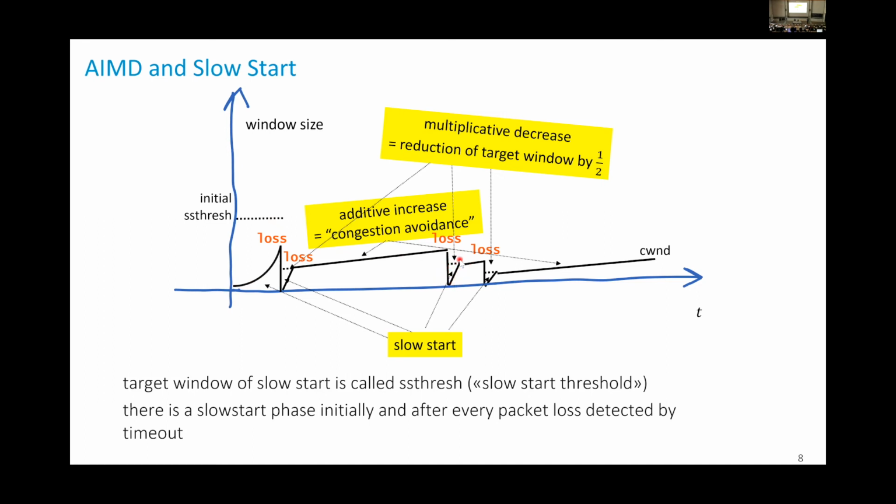Instead, we go into slow start, which starts with a very small window size, increases exponentially until we reach that value, and then we do additive increase again. So here we have an alternation of additive increase, reduction by 2 of the target window, and slow start phases. So this is how TCP implements additive increase, multiplicative decrease, and slow start.